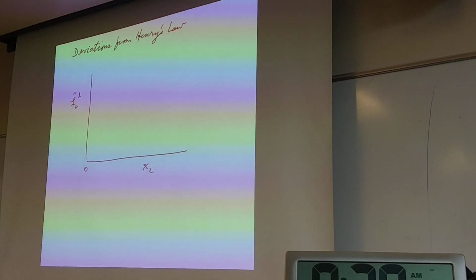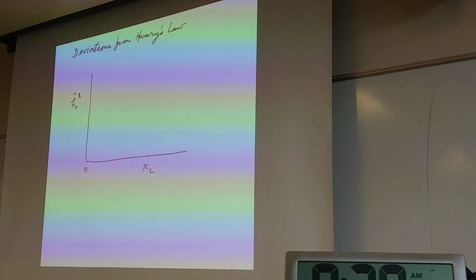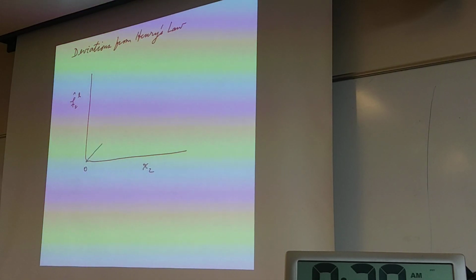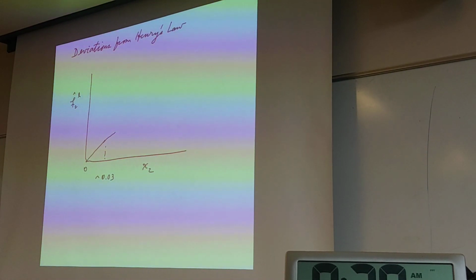We got 0 here. And Henry's law says that at low enough x2 we have straight line behavior. And that'll take us up to, as I said before, something of the order of 0.03 mole fraction, but that should be just a rough approximation. It would be different in different cases. But when we get above that, then it's going to start to deviate away. And maybe that's a little bit too much deviation, because at first here it's fairly slight.